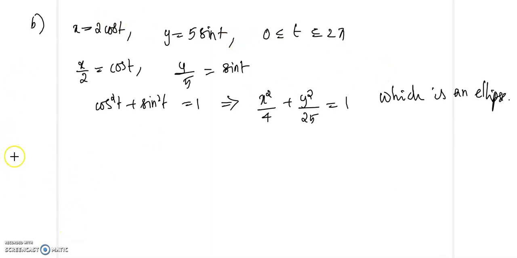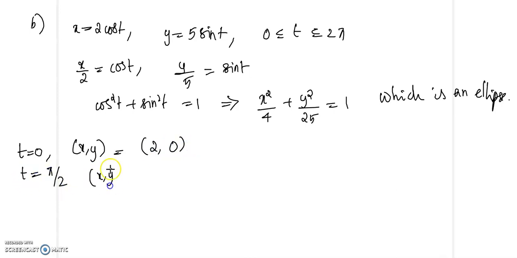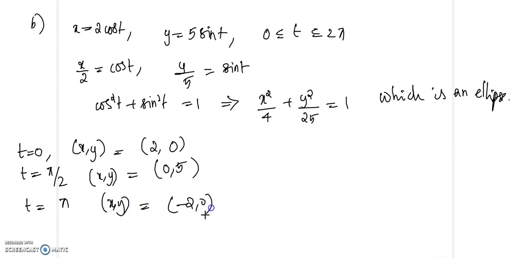Let us look at what is the orientation. When t is 0, (x, y) is going to be (2, 0). When t equals pi by 2, (x, y) will be (0, 5). When t is pi, (x, y) will be (minus 2, 0).